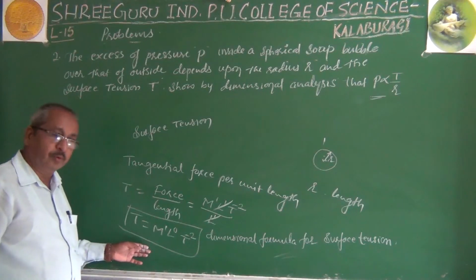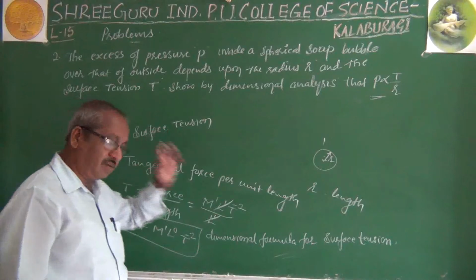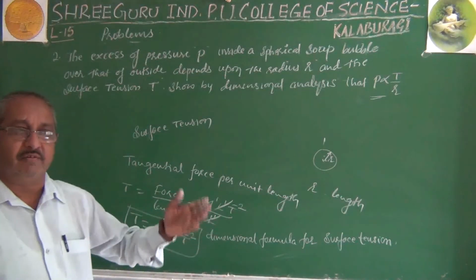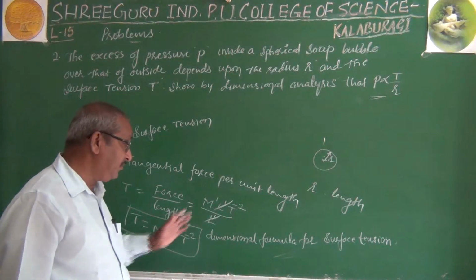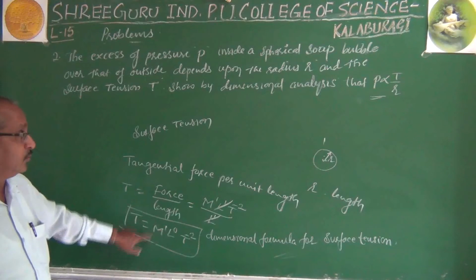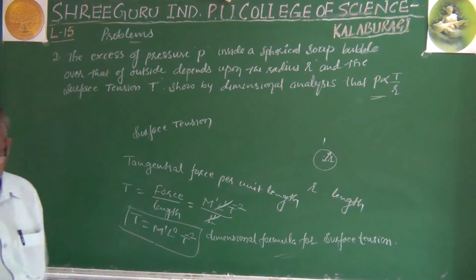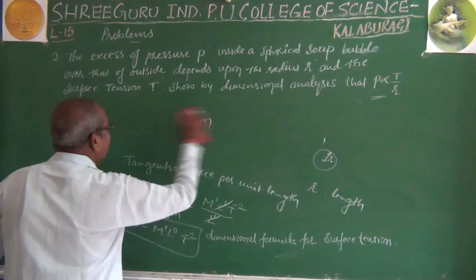In fluid mechanics, you are going to learn about the property of surface tension. There once again we will repeat the same thing. But here, the dimensions of surface tension, now I gave you, better to use it to solve this question. So here is once again what we did in the last problem.